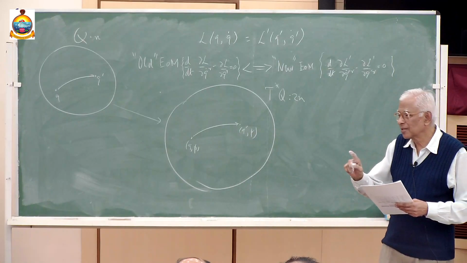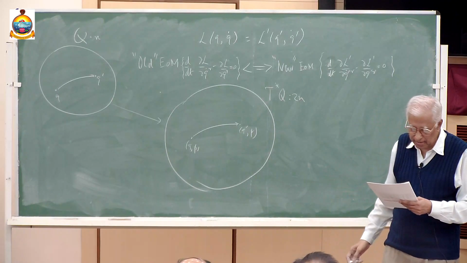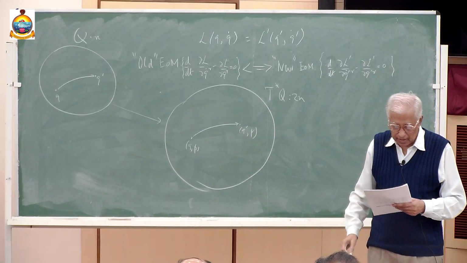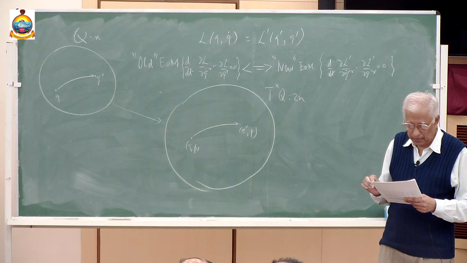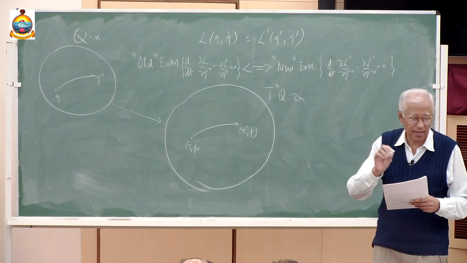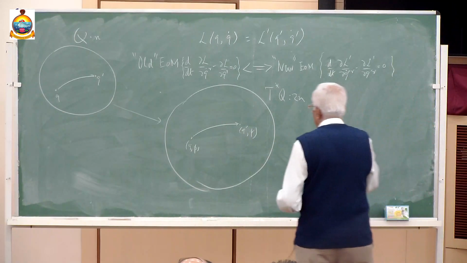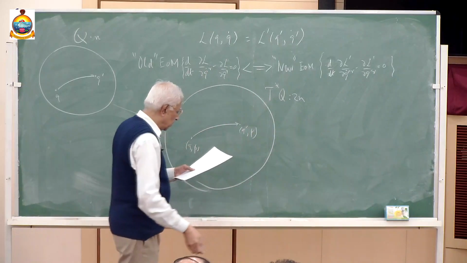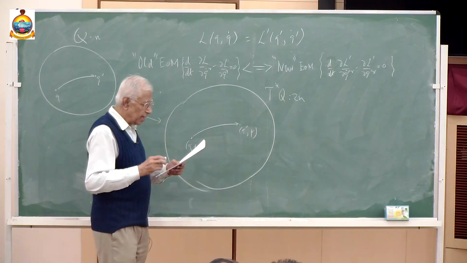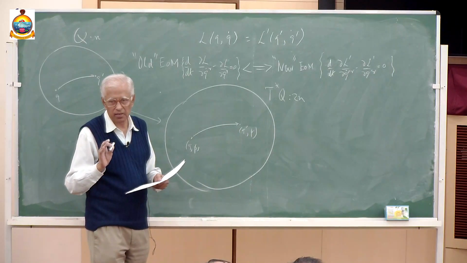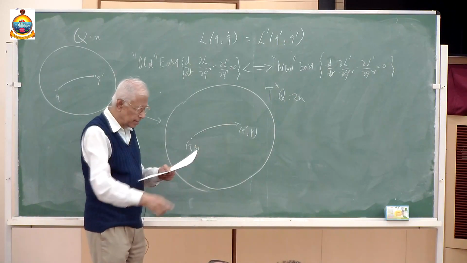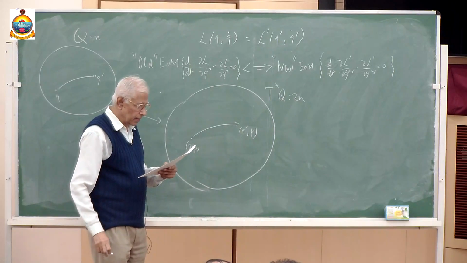Now you come to the Hamiltonian. The statement is: the covariance group of Hamiltonian equations of motion are those transformations Q, P to Q prime, P prime which maintain the structure of the Poisson bracket. So, here is the role of the Poisson bracket. Exactly what it means, I will write equations in a minute.